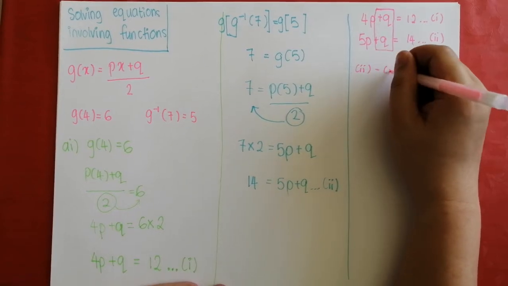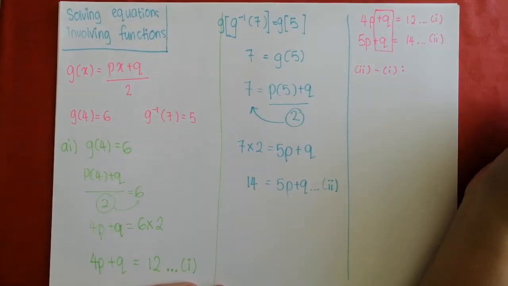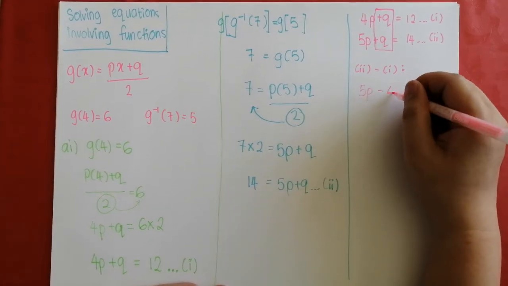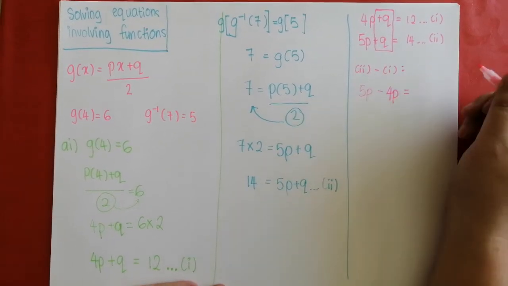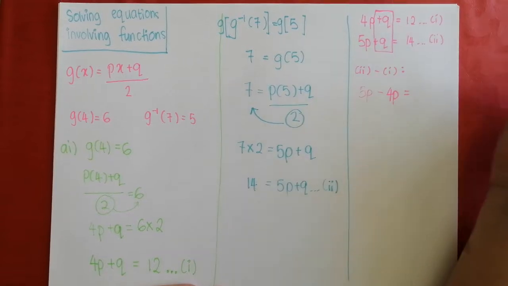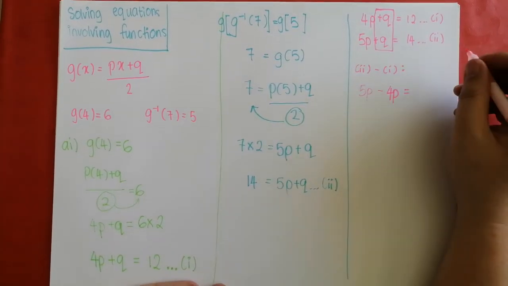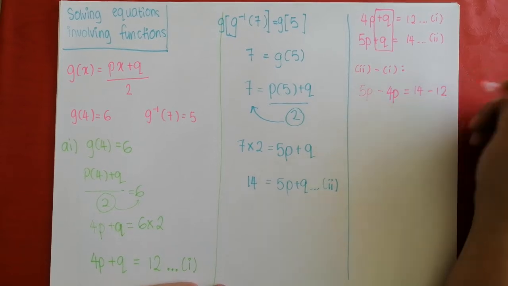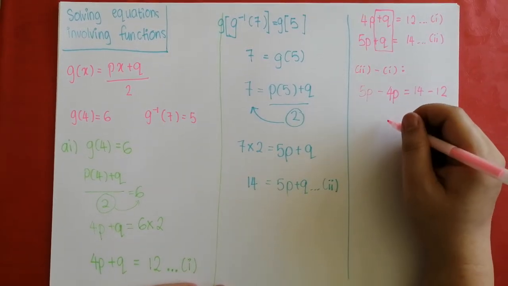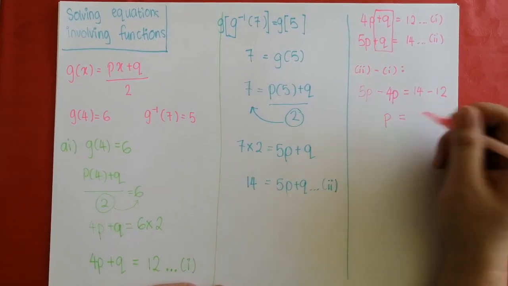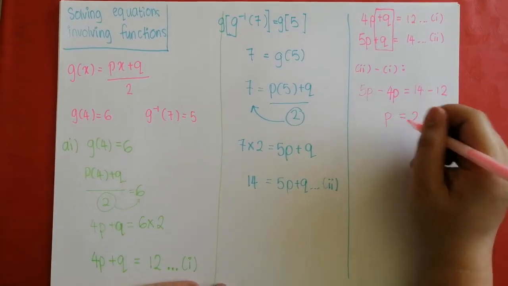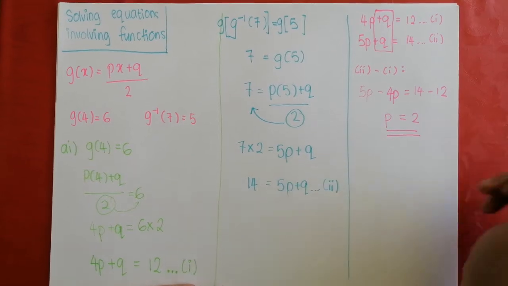Equation 2 minus equation 1. So 5p minus 4p equals, q minus q is 0, so I don't need to write that, 14 minus 12. 5p minus 4p gives you p, and 14 minus 12 gives you 2. So p equals 2.